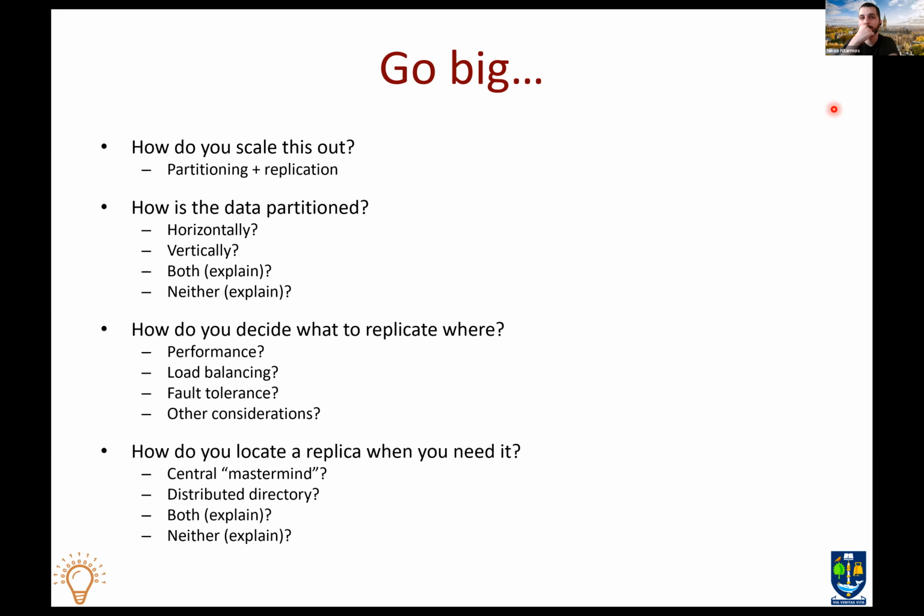But about locating the replica, we could go with distributed directories, whatever we already have, like Spark and other distributed architectures. We can use that, because as long as the data is eventually consistent, it should be fine.